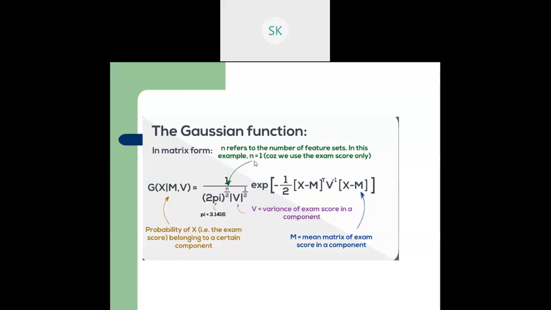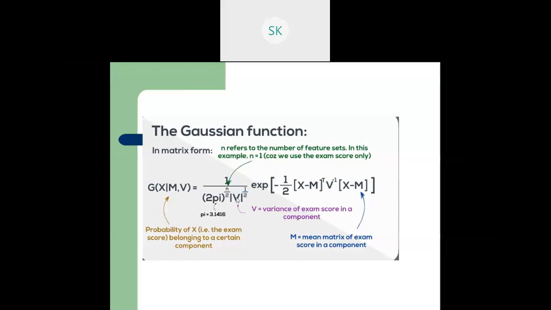In this example, n equal to 1. N represents the number of features. If it is 1, then it is a square root. That is because we have used the exam score only as a feature in our example. So this n becomes 1.